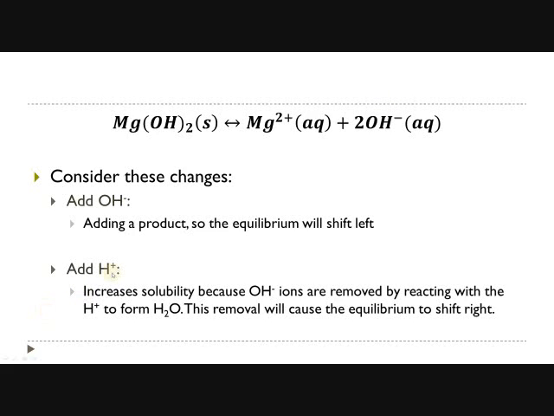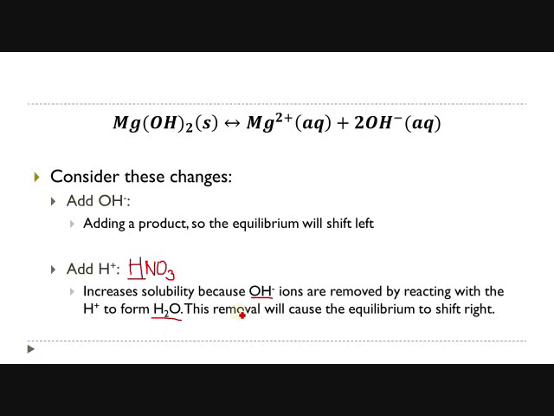So, for example, if we add H+ ions, maybe by adding a different type of acid, like nitric acid, HNO3, to the mix, what does that do? Well, the H+ will combine with the hydroxide to form water, and so it's really removing the OH- from the reaction.